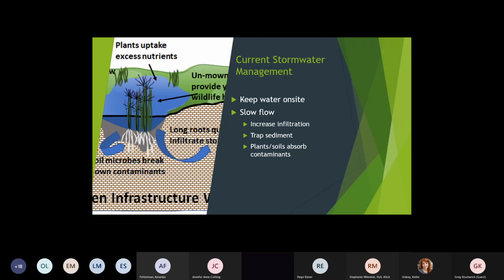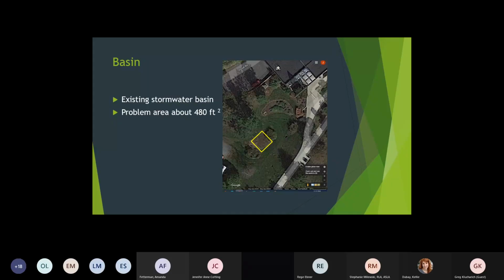And when the stormwater slows down, sediments fall out, and also slow flow allows plants and soils time to absorb and start to break down contaminants. So here's the basin that you saw in the video. The yellow box is around that muddy portion where I concentrated my efforts. It's about 480 square feet.